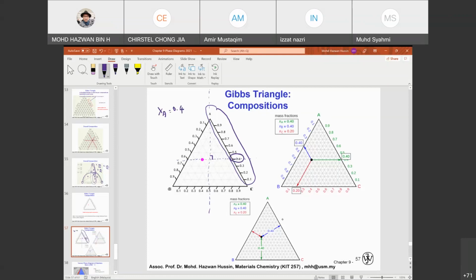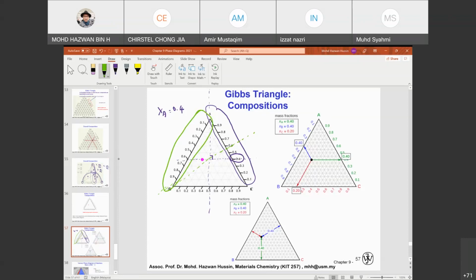Okay, and how about B? Let me change to another color, let's say I use green now. B, okay, so B is located over here. So still the same, you just draw the line that divides the triangle in two. So for B, where should you read the values? You should read it from here, because we see B here.